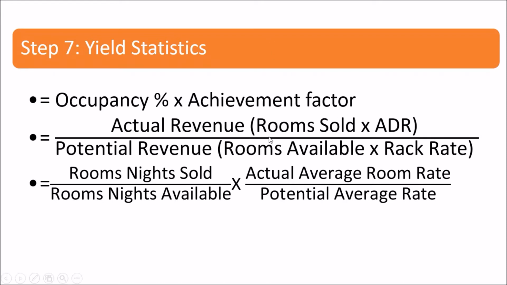Rooms sold multiplied by ADR or ARR will give you actual revenue, and potential revenue is calculated by rooms available in the hotel multiplied by rack rate, which will give you the potential revenue of the hotel. And the third formula is room nights sold upon room nights available, multiplied by actual average room rate upon potential average rate. This was the third formula for calculating yield statistic.